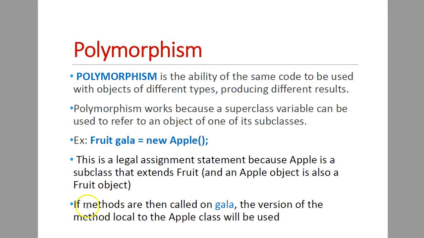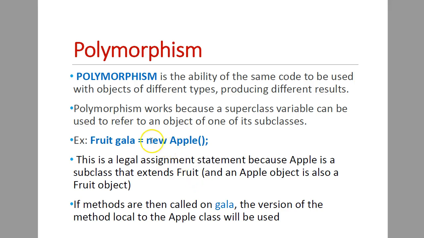Now let's talk about some specific examples. Imagine that there is a fruit class, and a subclass Apple that extends Fruit.